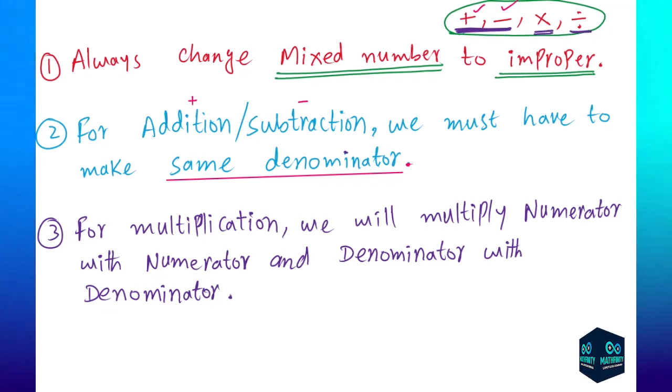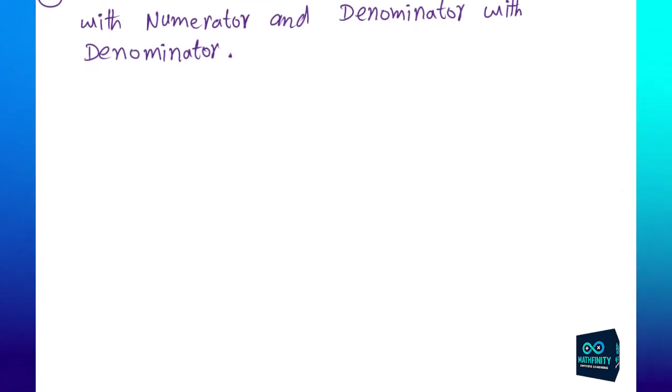Now let us discuss what to do if the division sign is between them. These are the four important points you have to keep in your mind before starting to solve the past paper questions.